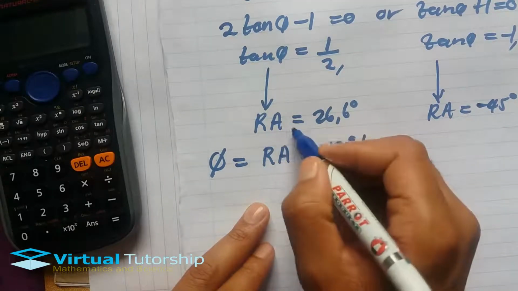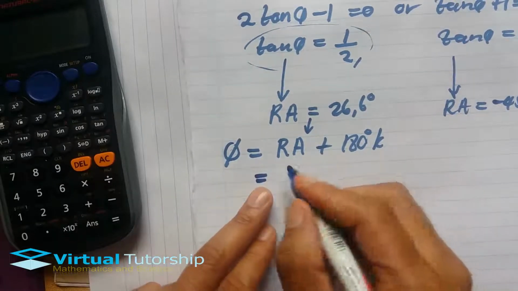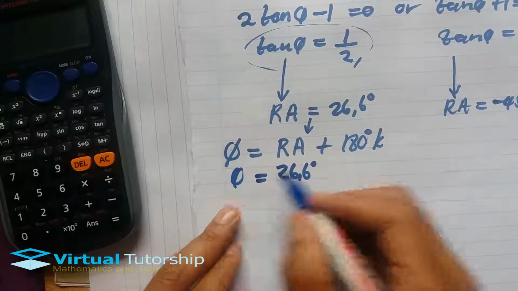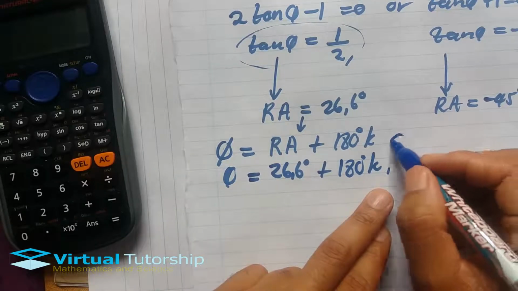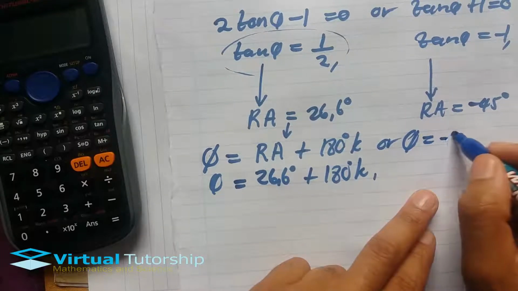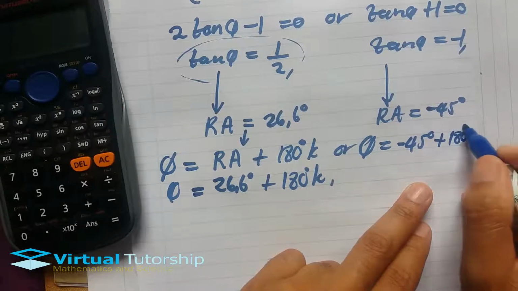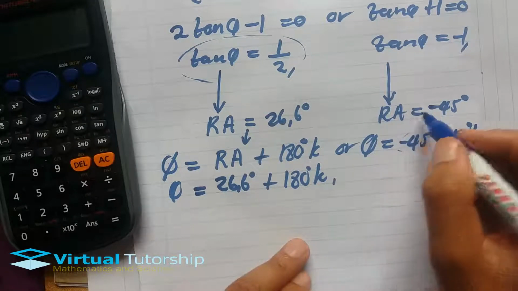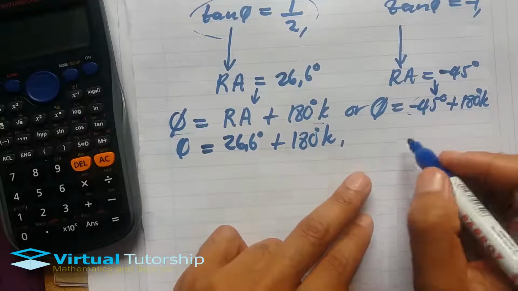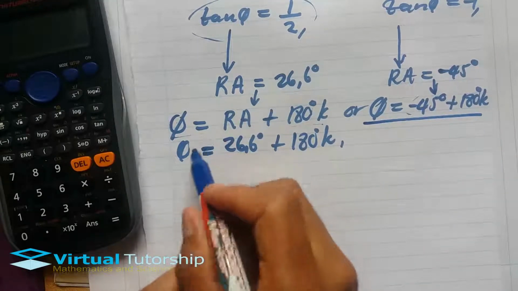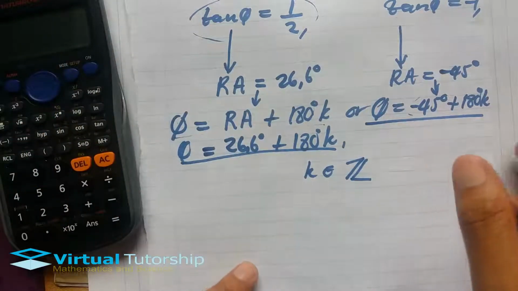So for the general solution of this equation, theta is equal to 26.6 degrees plus 180 degrees k, or theta is equal to minus 45 degrees plus 180 degrees k. So we have two sets of solutions, this one and this one, where k is an element of integers.